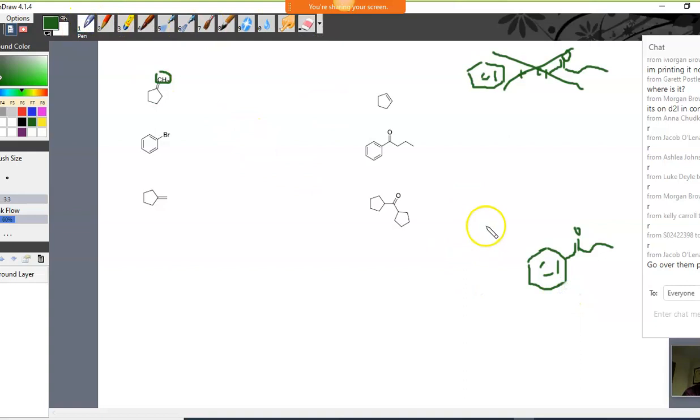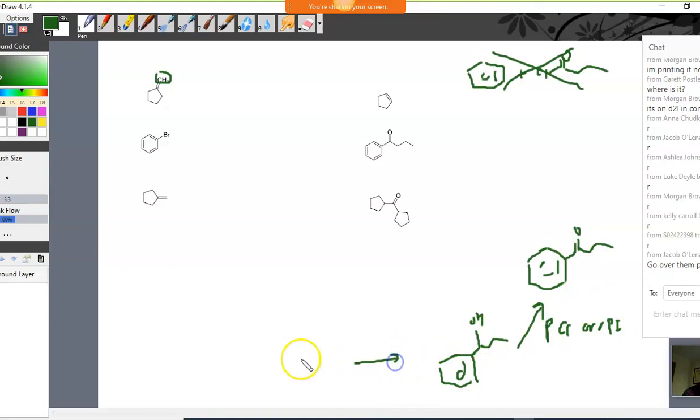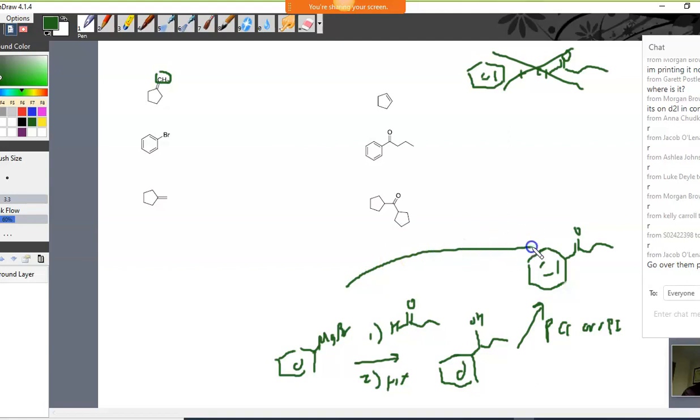Okay, so ketone, how do you make a ketone? Well, you can start from the alcohol. That's one possible way. And you do PCC or the CrO3 because it's a ketone. And then you get the alcohol. You add it to the Grignard. Another way would be, rather than adding the aldehyde, add the ester.